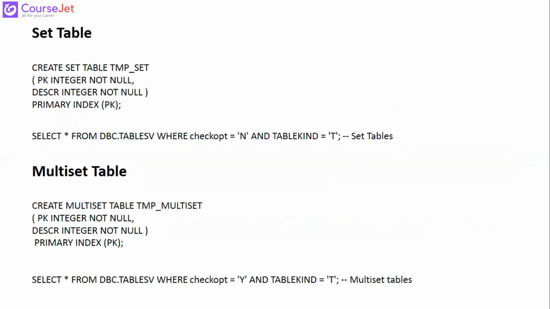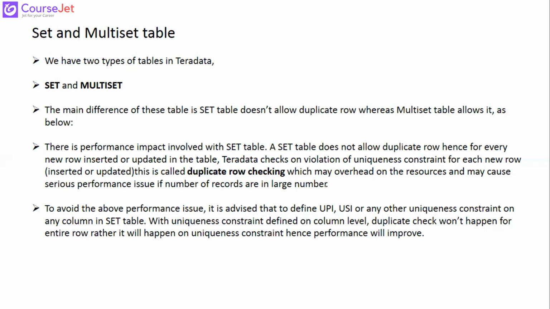And is there any reason why they have introduced two kinds of versions, one is set and one is multiset? Any background? Yeah, it's basically for duplicate rejection only. In case you have some data where you need to omit the duplicates, it can be on a daily basis.